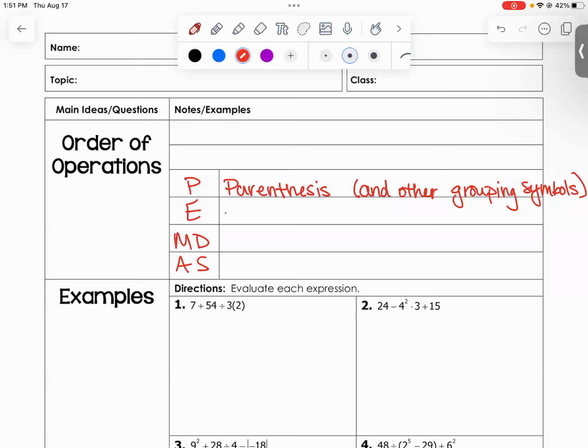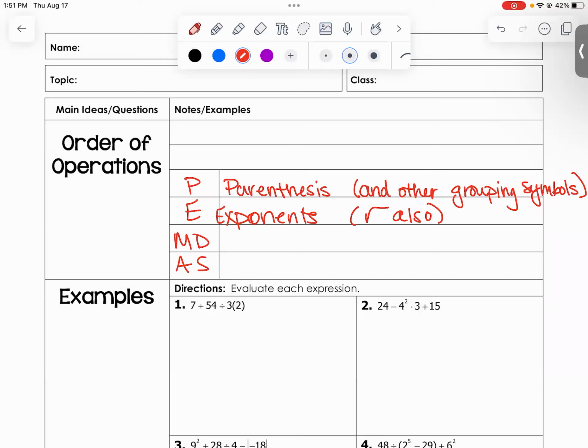E is for exponents. This is something you don't know about yet, but radicals are also included in that, because eventually you will learn that radicals are a version of an exponent, but we won't worry about that being in your brain yet.